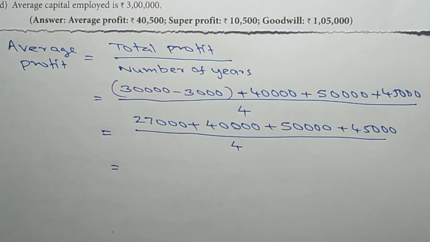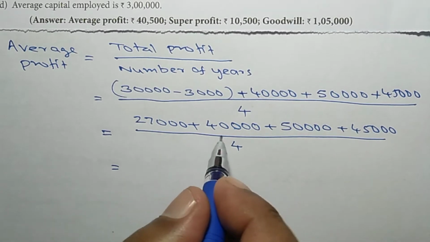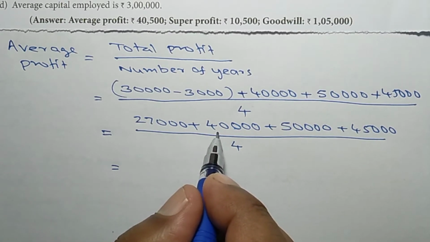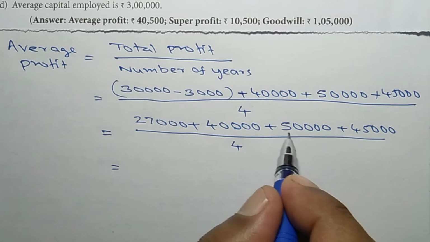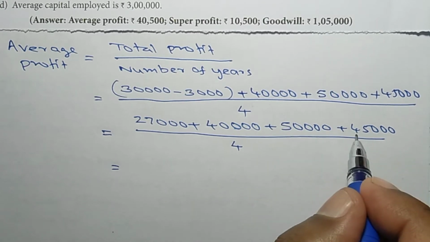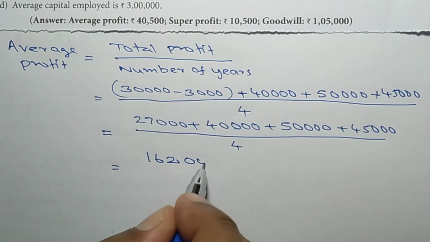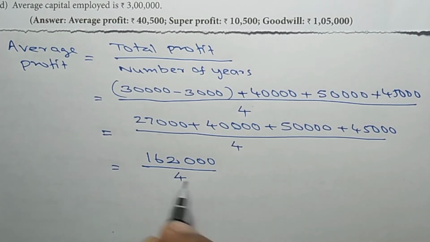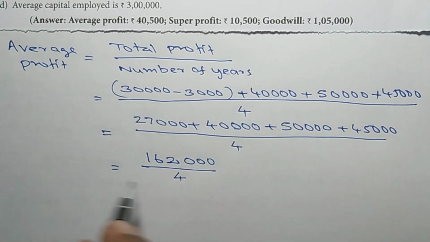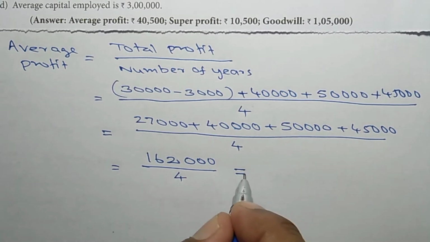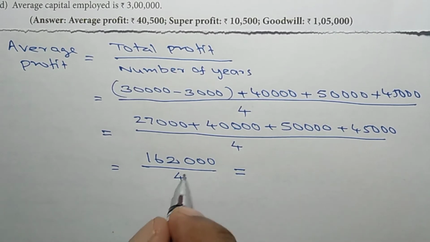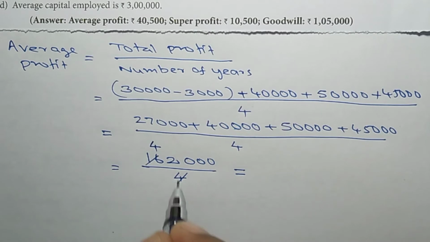Now add all the profit. 27,000 plus 40,000 is 67,000. Plus 50,000 is 1,17,000. Plus 45,000 is 1,62,000. 1,62,000 whole divided by 4. 4 fours are 16.